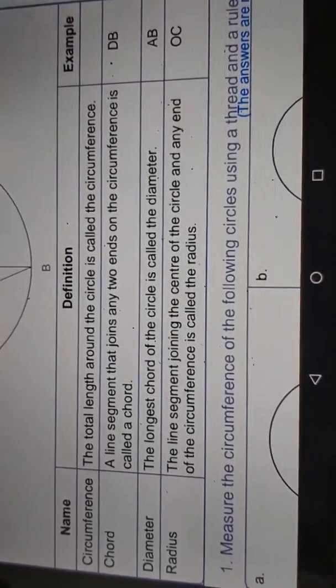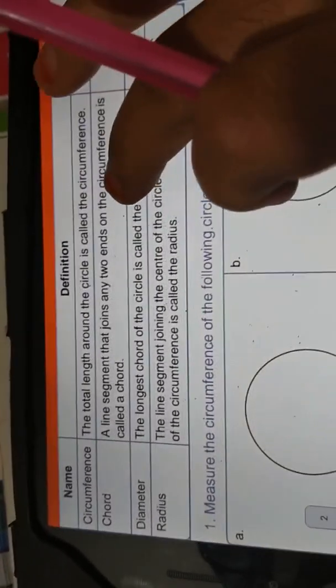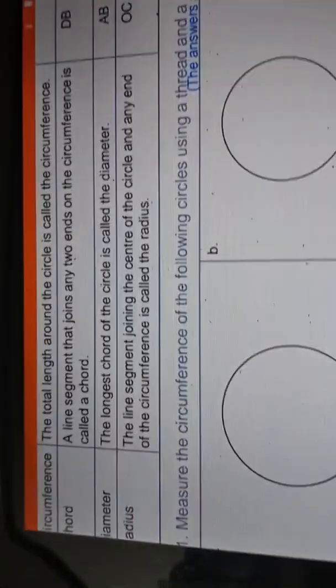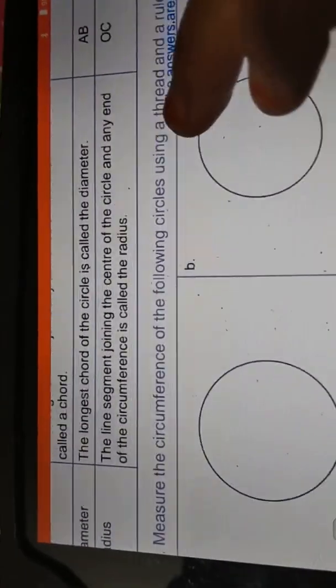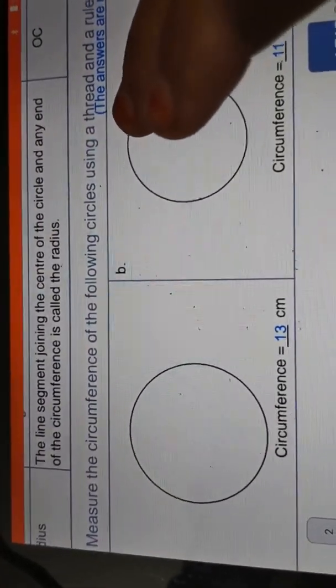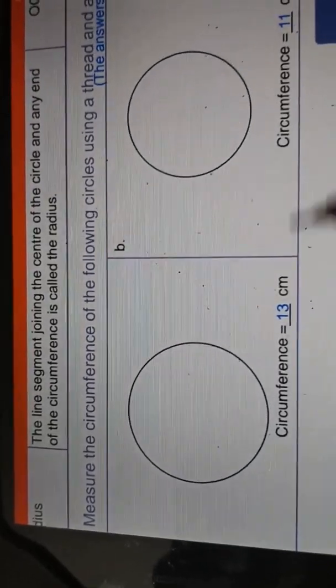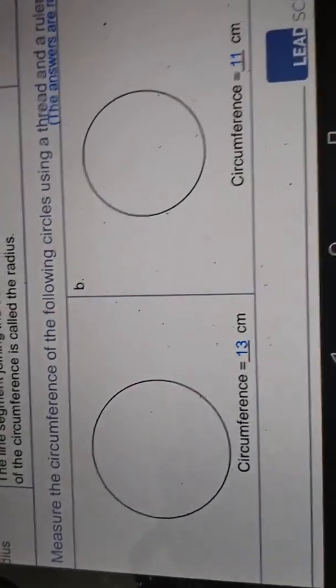Okay students, I hope your work is complete. Now students, look at here. Measure the surface of the following circle using a thread or ruler. So we have to measure this circle and write this in centimeters. So surface is equal to 13 centimeter and the second one is 11 centimeter.